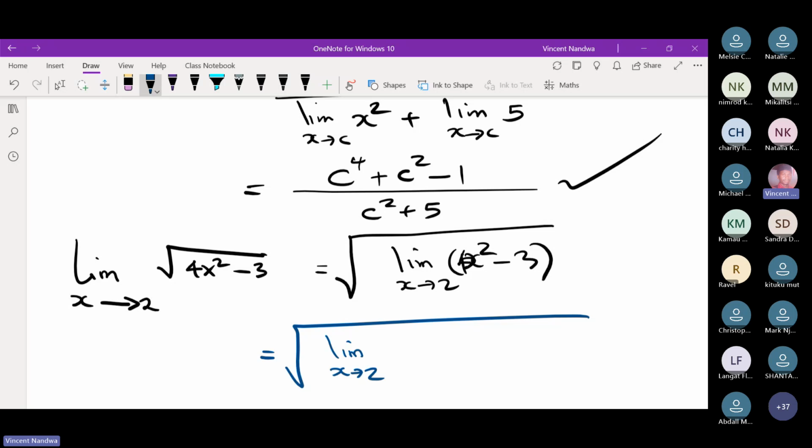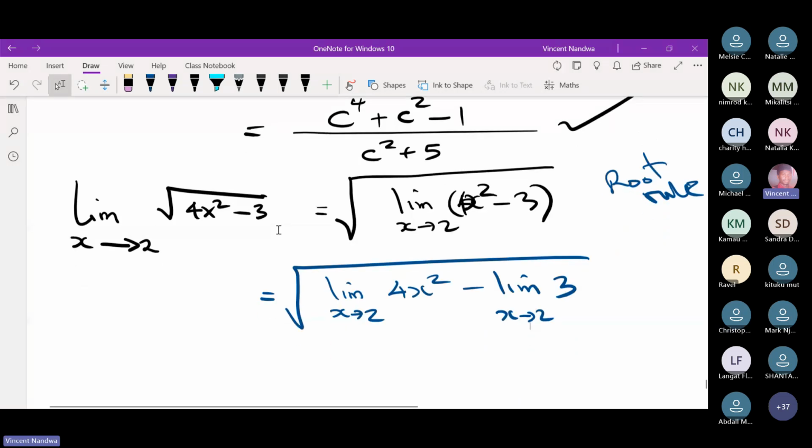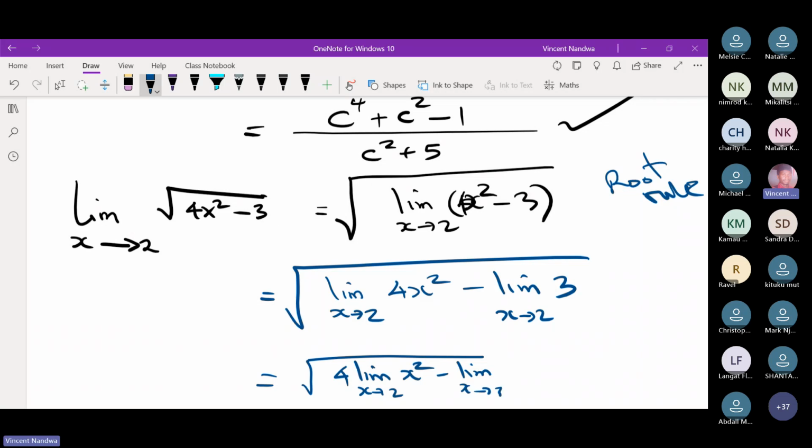Which rule do we apply after this step? Difference rule, correct. So we'll have the limit of 4x squared minus the limit as x approaches 2 of 3. You can as well go further and use the constant multiple rule here so that we have 4 times the limit as x approaches 2 of x squared minus the limit as x approaches 2 of 3.